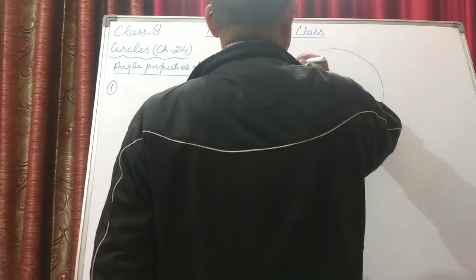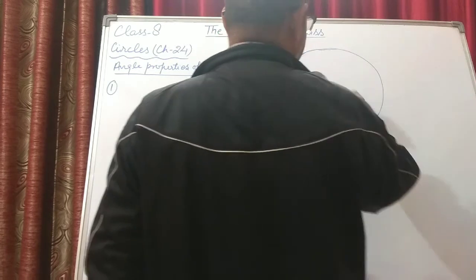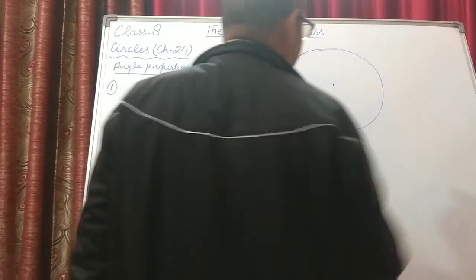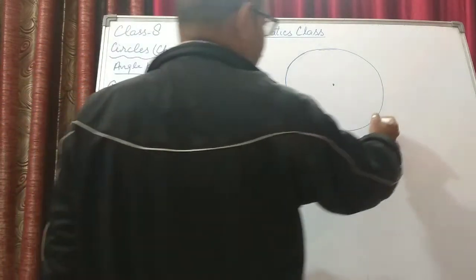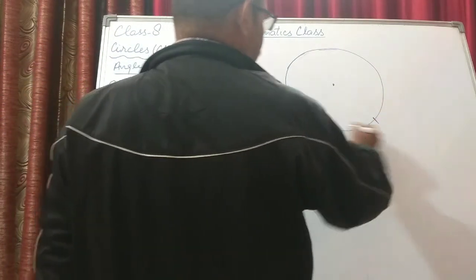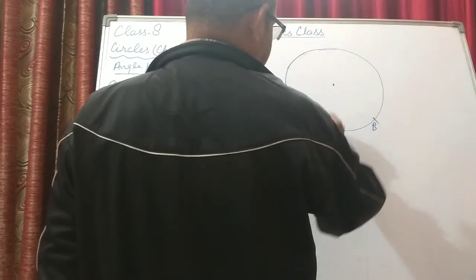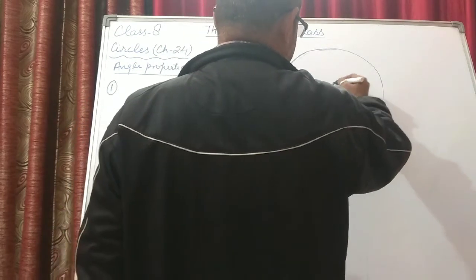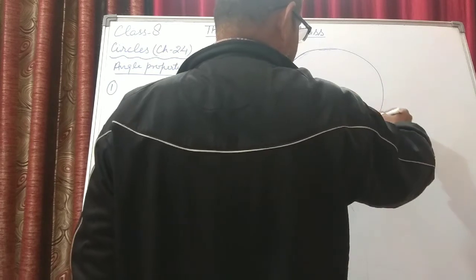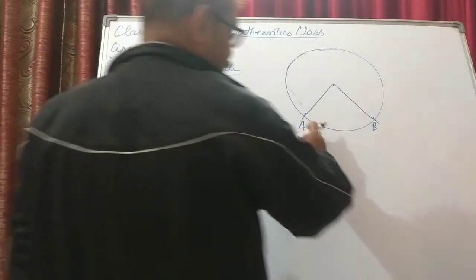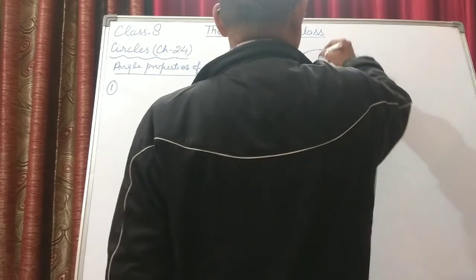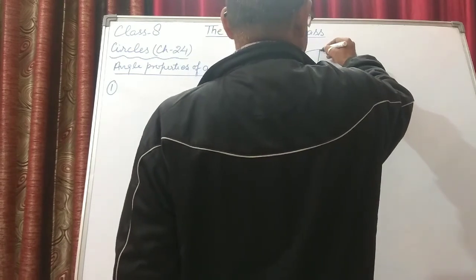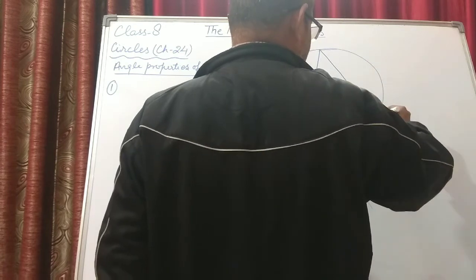Now if I take an arc, you know what is the meaning of arc? Arc means a continuous piece of a circle. Suppose I take an arc AB. Now with the help of this arc, I draw an angle at the center, and with the same arc I draw an angle at the circumference.